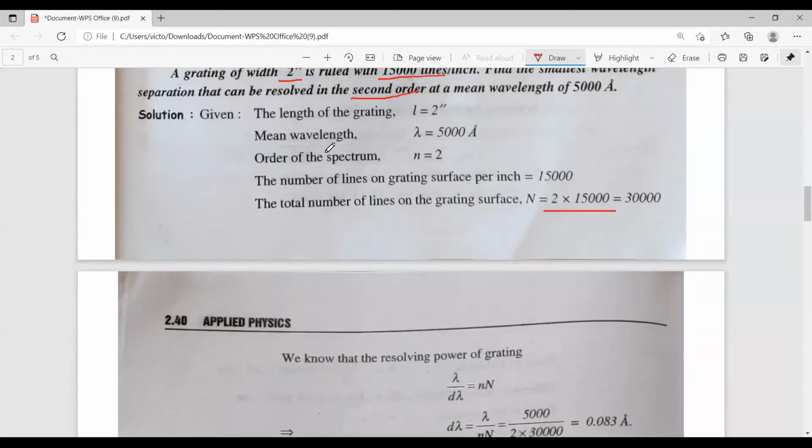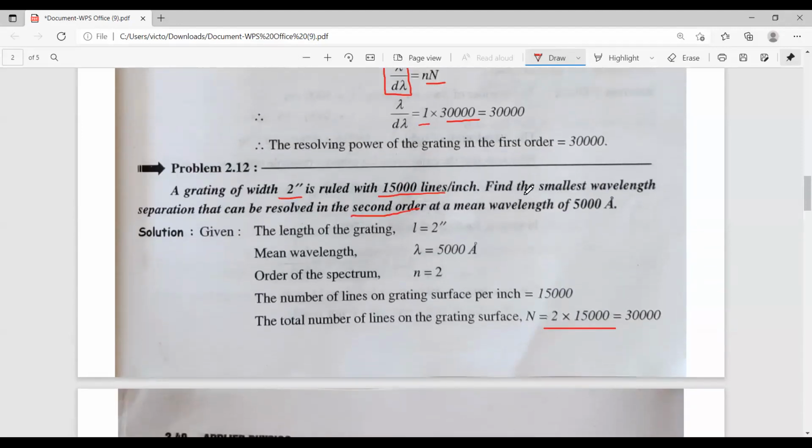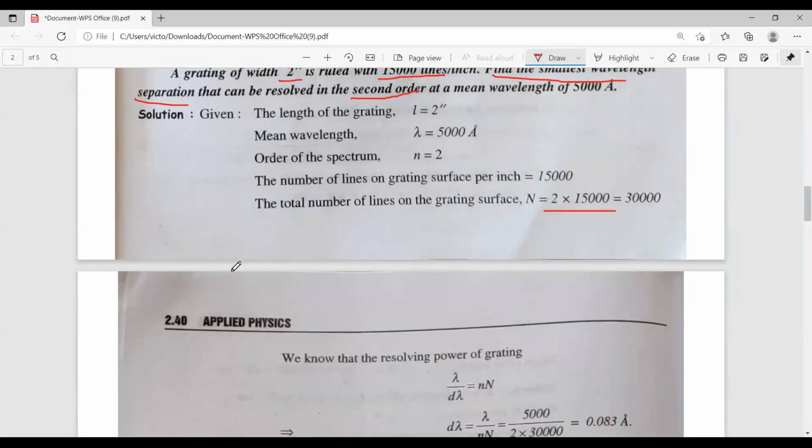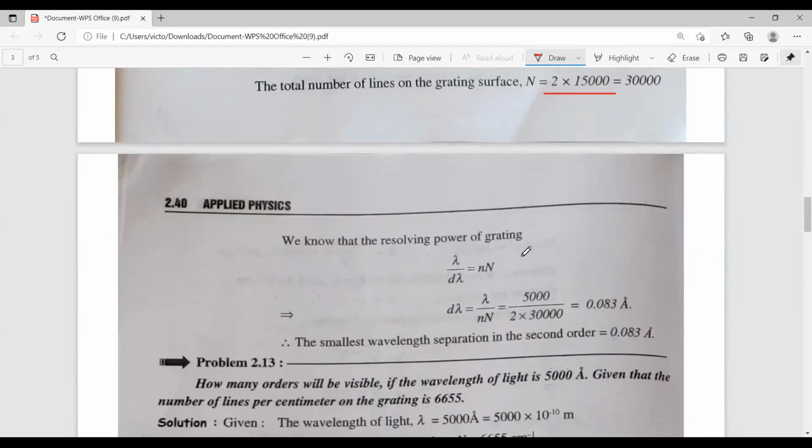Our aim is the smallest wavelength separation. Separation is nothing but difference. So in the resolving power of grating expression, lambda by d lambda, here lambda is called mean wavelength and d lambda is called the separation between the wavelengths.